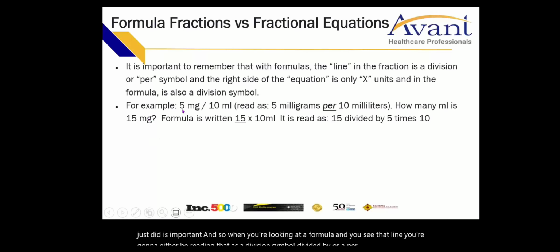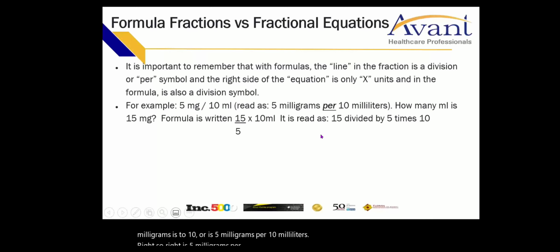So for example, 5 milligrams is to 10, or, is 5 milligrams per 10 milliliters, right? It's read as 5 milligrams per 10 milliliters. And then how many milliliters is in 15 milligrams, right? Well, if you use a formula that's desired over have, right?